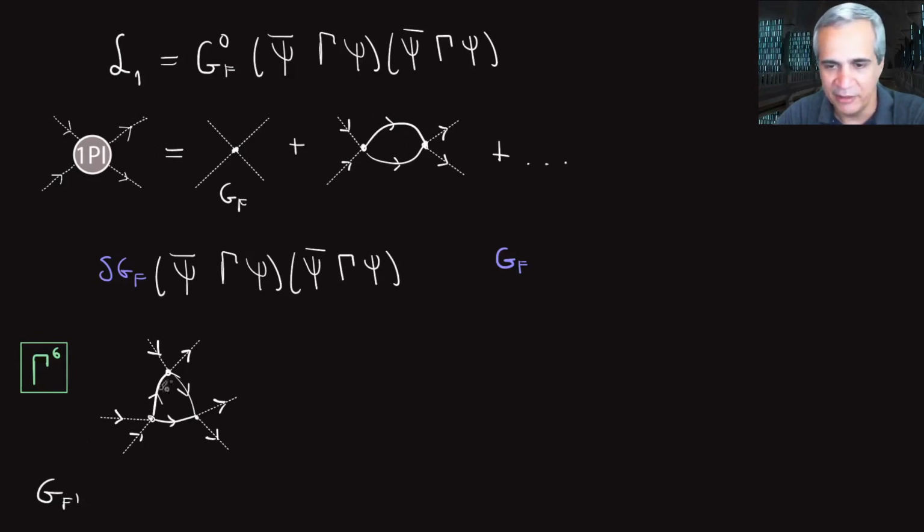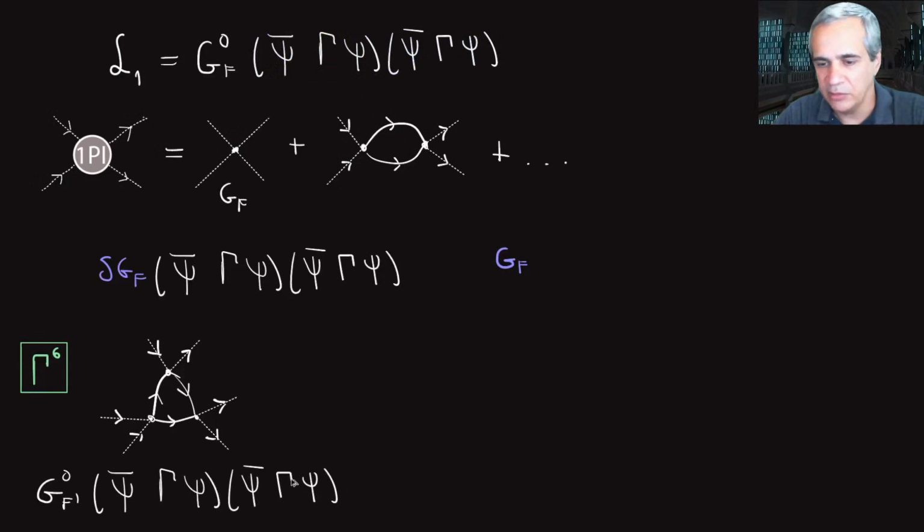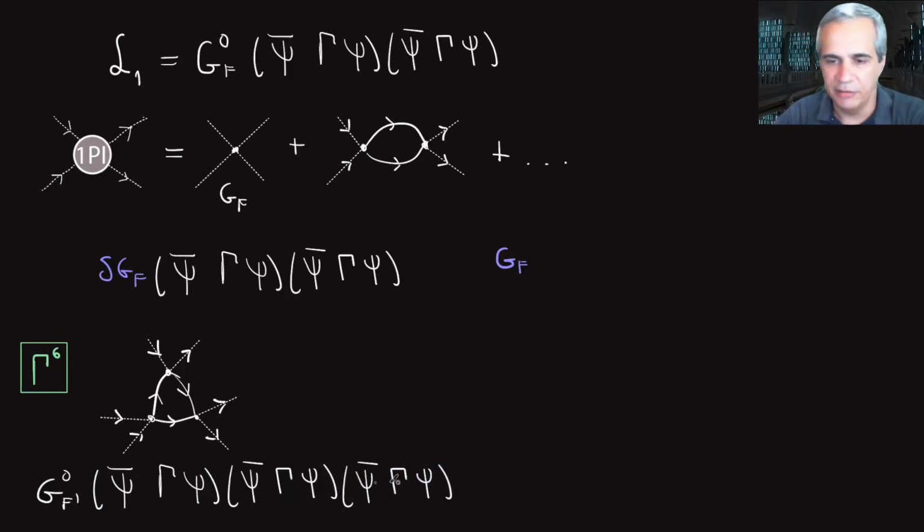Fermi never really proposed this interaction, but just because it's very similar to that one, right? I put a 0 here because this is the before renormalization, and now I need a new term that looks like that. I need an extra pair of fermions, right?